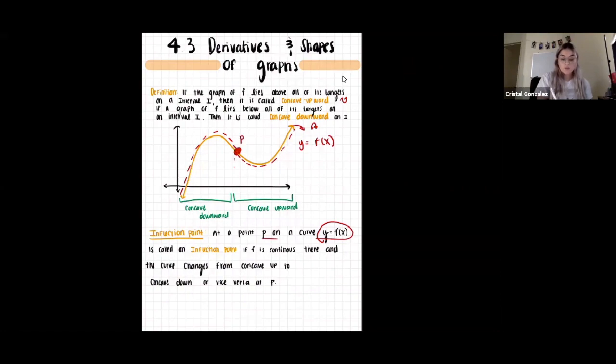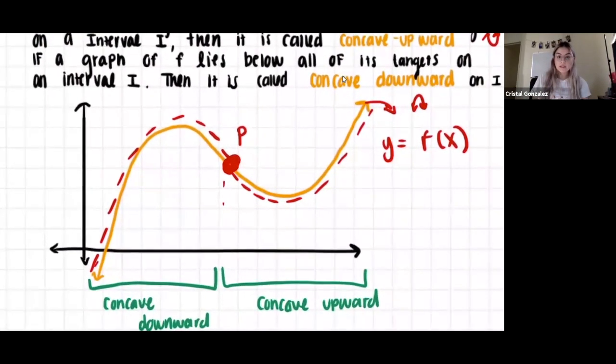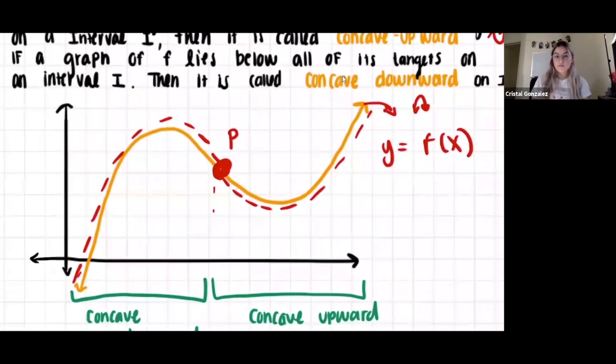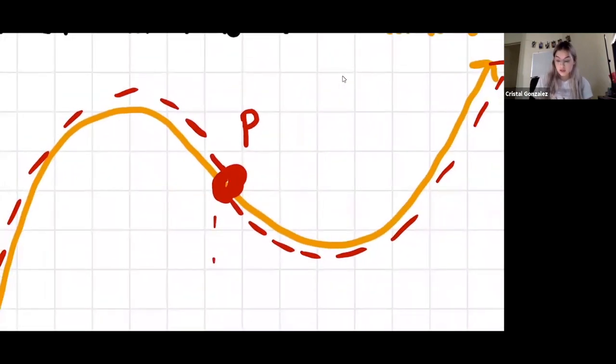This is our point P, the inflection point, because our function is continuous there, and here it changes from concave downward to concave upward. So anytime you have a concavity change from concave up to concave down, or concave down to concave up, the point where that happens is called an inflection point. So this point right here is known as our inflection point.